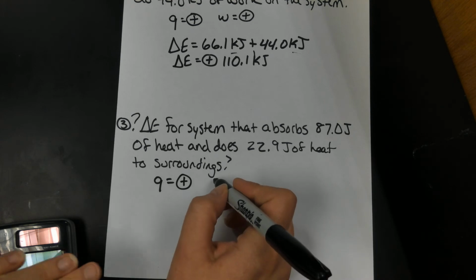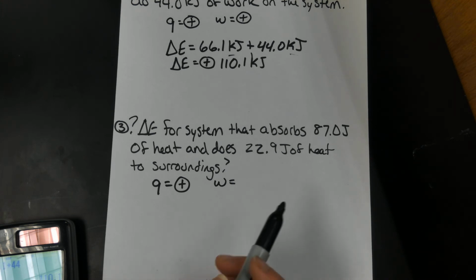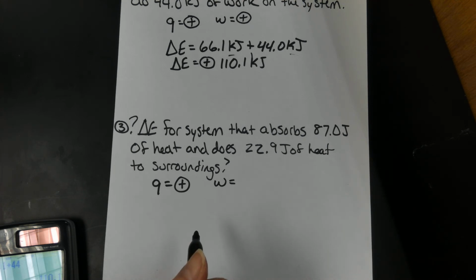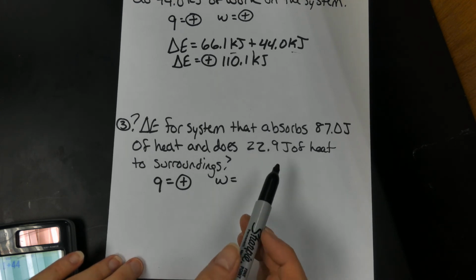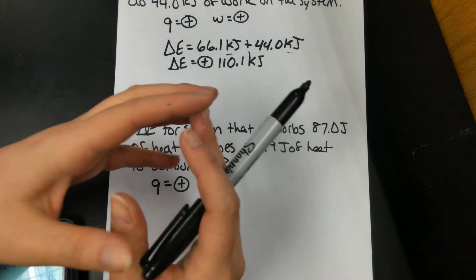How about my W? Is my system having to do work on the surroundings and lose that energy? Or are the surroundings kind of giving it energy? It's doing the work to the surroundings, right? It's pushing, basically this would be an example of a balloon expanding.